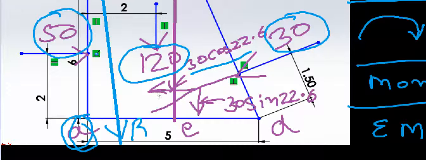So this force into this perpendicular distance. And when I consider this force, then this force into this perpendicular distance. Perpendicular distance means the perpendicular distance from your force to the point you are considering. Okay, so let's solve it.